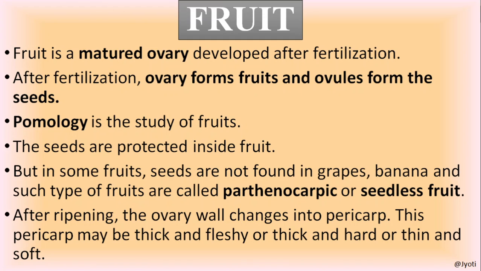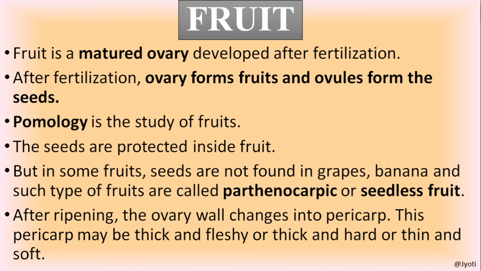Gynoecium consists of the carpels or pistils, and each carpel consists of the stigma, style and ovary. So the ovary is the swollen structure which upon maturity develops into fruit after fertilization.